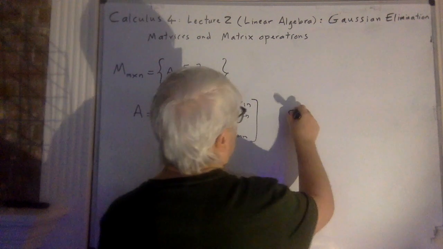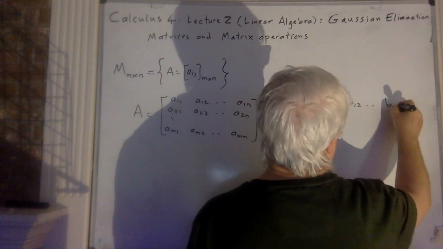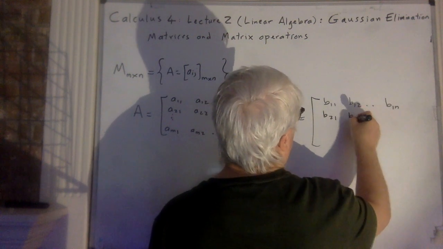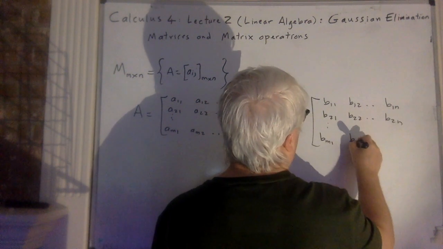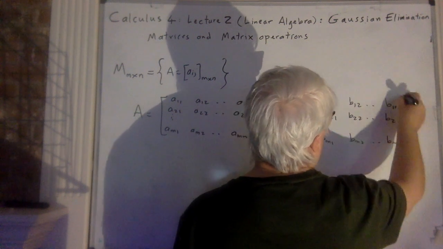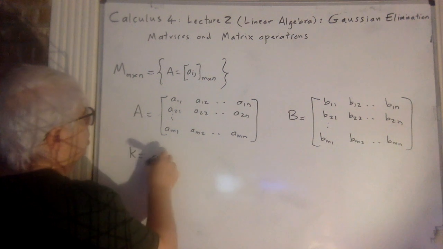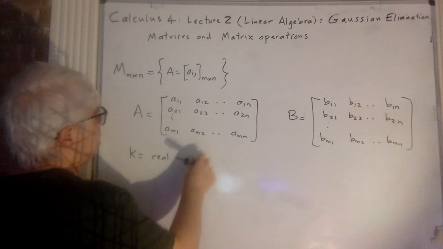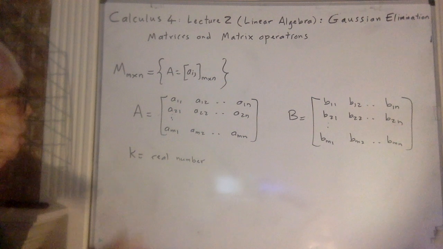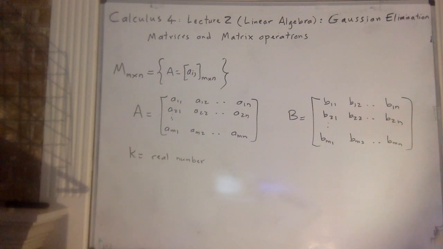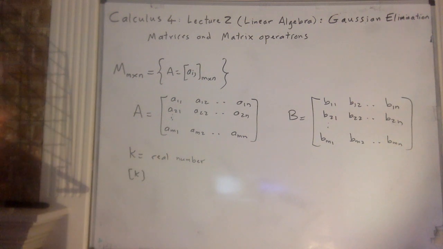And I have B, which is B11, B12, and so on. k is a real number. So we have matrix and scalar, vector and scalar. So scalar is just a real number. So we can say this is like a 1 by 1 matrix. So you can put it in this format, and that's the 1 by 1 matrix.